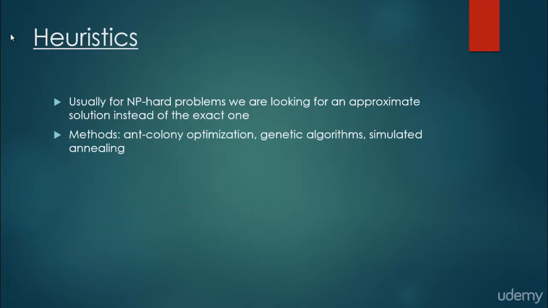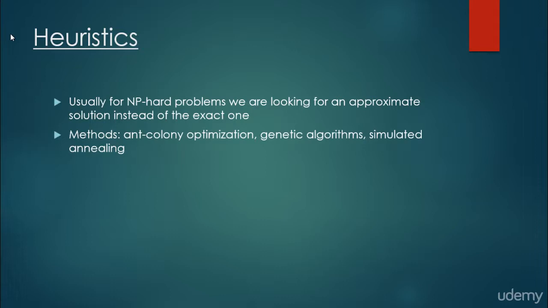What are these heuristics? Usually for NP-hard problems, we are looking for an approximate solution instead of the exact one. So we come to the conclusion that, okay, these problems are very hard to get an answer. But maybe if you are looking for just an approximate solution, not the exact one, maybe we are able to solve it in polynomial time.